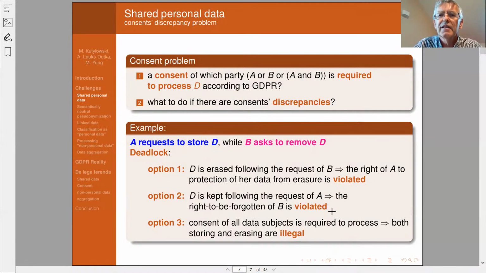But in this case, the situation is even worse, because there is no such unique consent of both parties. So the right to keep the data is violated, and the right to erase the data is also violated. We are in a deadlock situation, and nothing can save us.